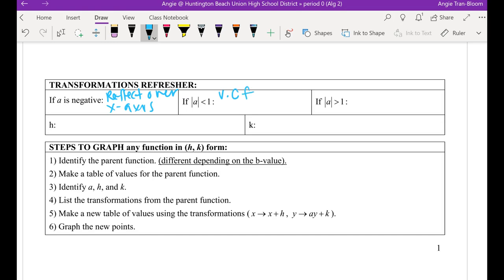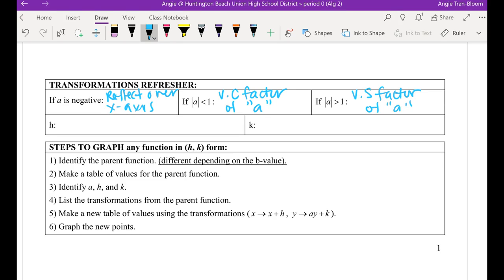Vertical compression by a factor of whatever that is. If the absolute value is greater than 1, like 2, 3, 4, 5, it's a vertical stretch by a factor of a, whatever a I give you in the front of the base.